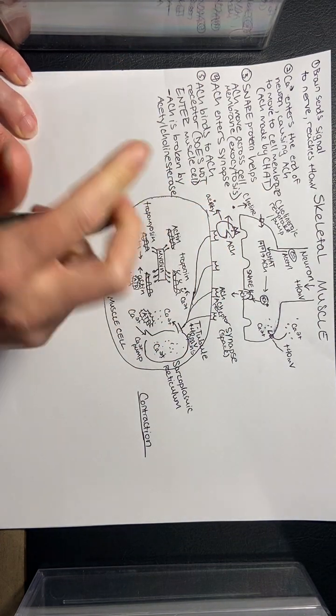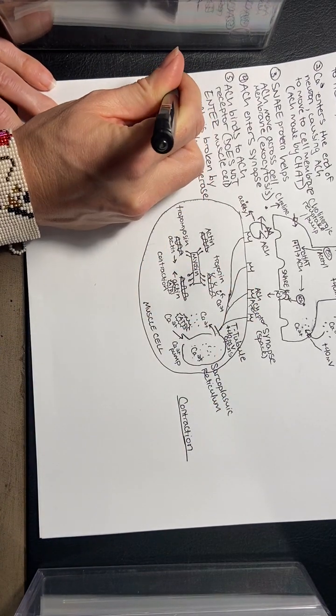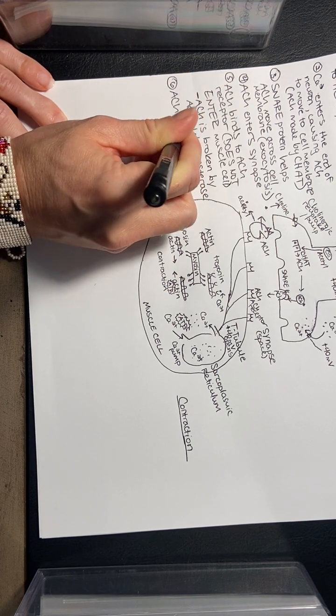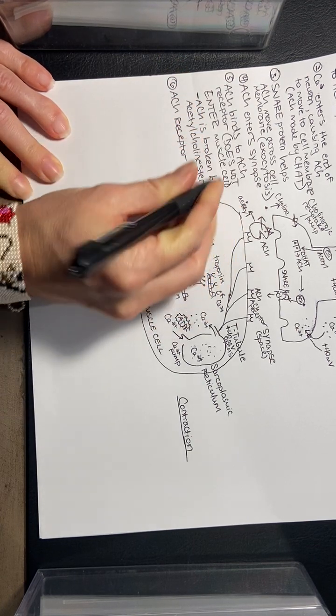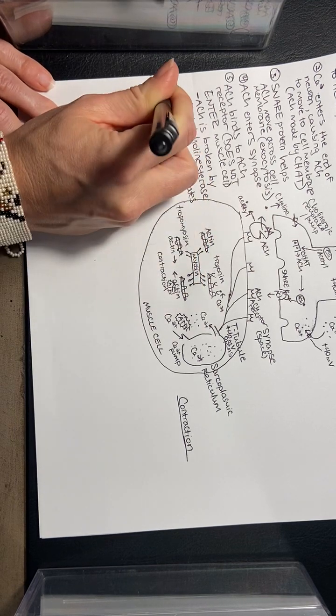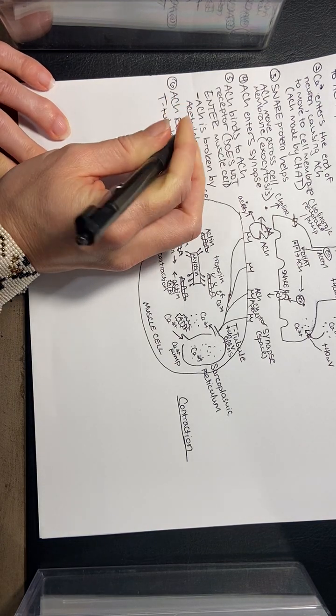And let's see. So let's go back to what's happening with our acetylcholine that bound to the receptor. So, the acetylcholine receptor activates the T tubule, right?